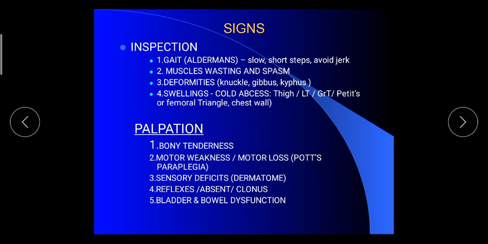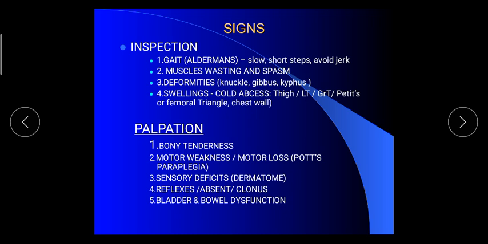Coming to the signs. On inspection, there will be Alderman's gait, which is nothing but the gait will be slow, short step, and patient tries to avoid jerky movements to avoid pain. There will be muscle wasting and spasm of the muscles.